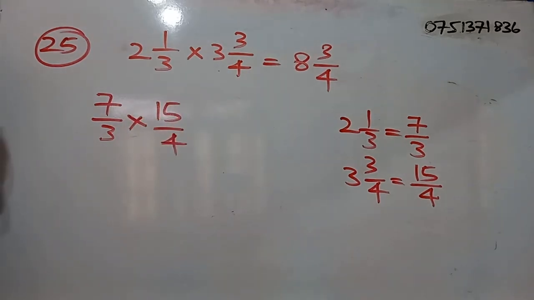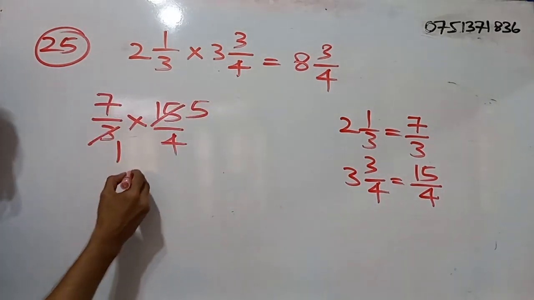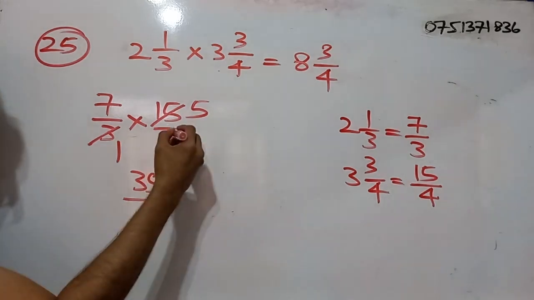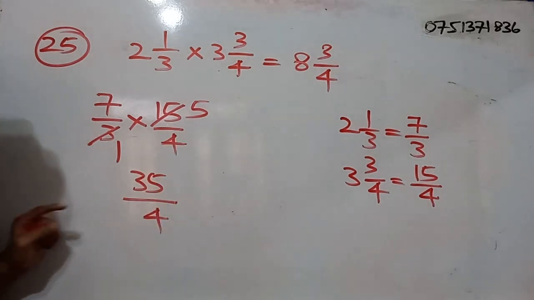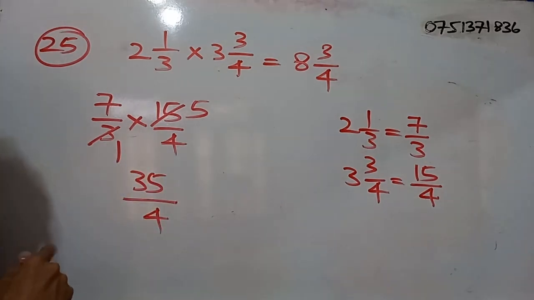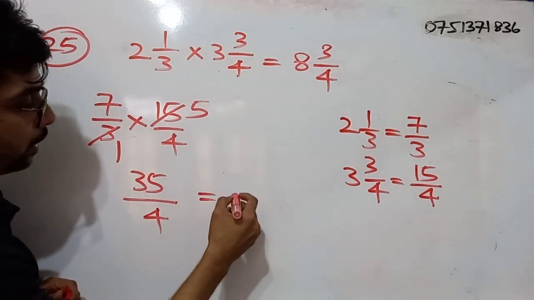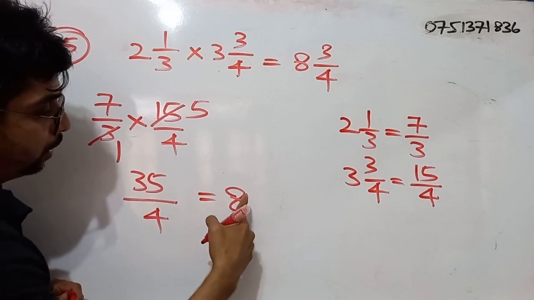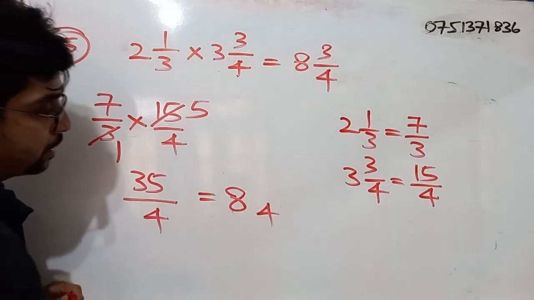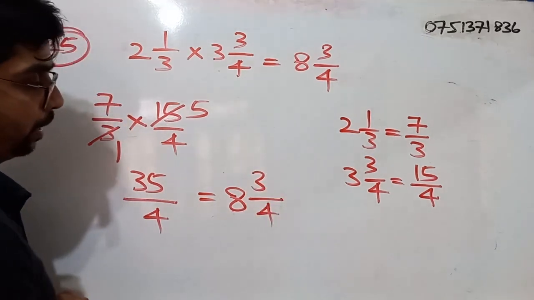So now I can further simplify. 3 times 1, 3 times 5. 7 into 5, we know that is 35. 35 and the denominator will be 4. Now here, this fraction, it is an improper fraction. So we need to convert that into what? A mixed number. So when we do that, we get what? 8 as the whole number, 4 as the denominator, and 3 as the numerator.